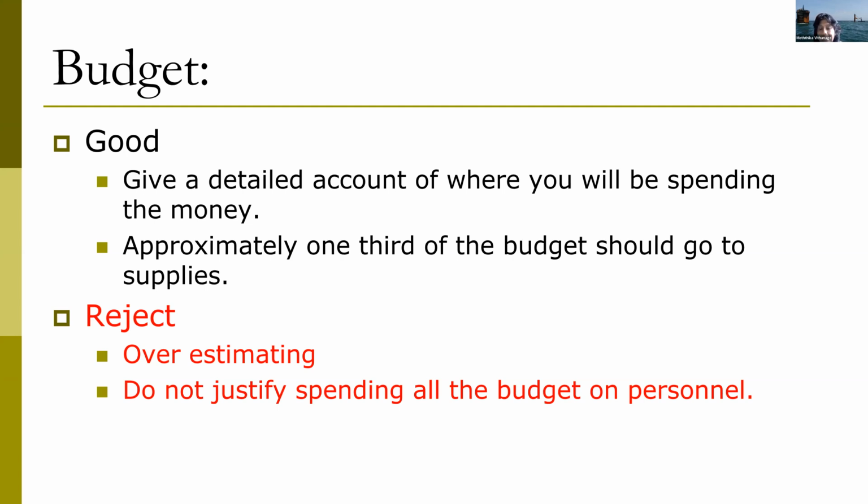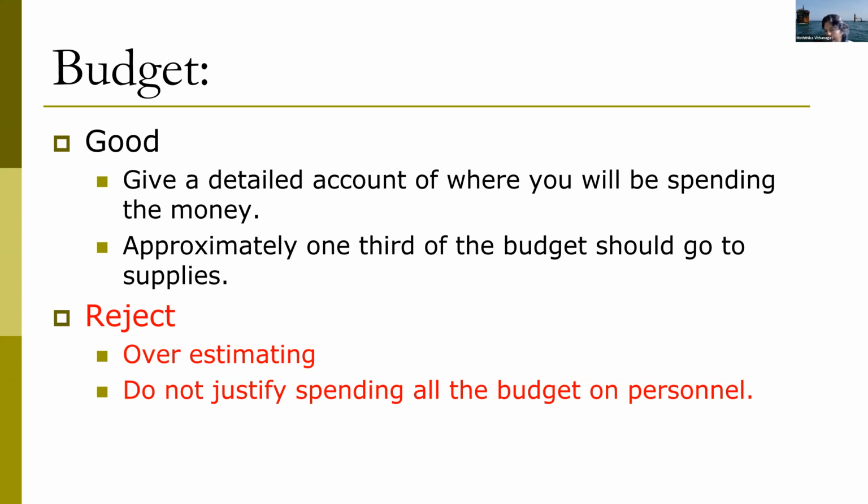And do not justify spending all the budget on personnel. That means you will try to find a student, and you will be paying that student a stipend. So don't spend the whole amount of money on the stipend.